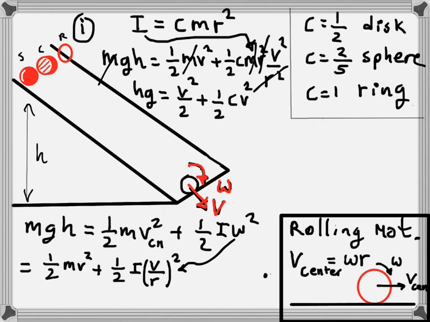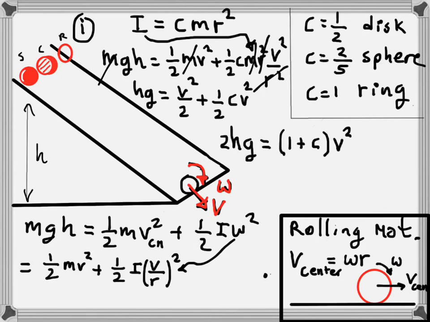Simplifying a bit, we have on the left hand side gh equals, on the right hand side, v squared over 2 plus 1/2 of c v squared. Again, for the different shapes that we have, the c value is going to be different. So instead of solving this problem 3 different times, we're solving the problem one time, but this solution is going to cover all 3 cases by simply replacing c with a different value.